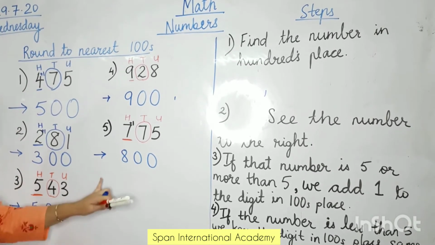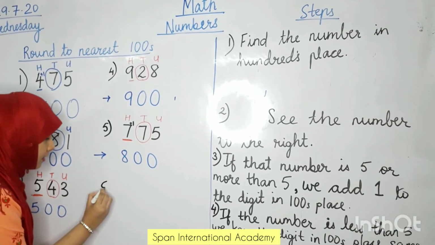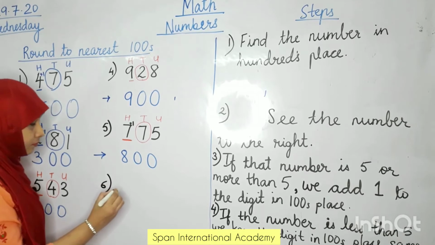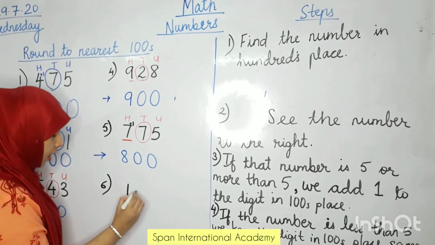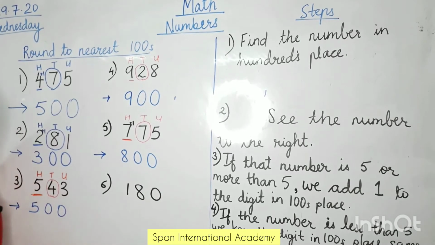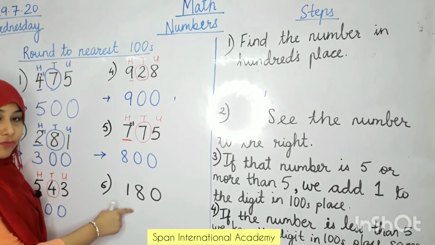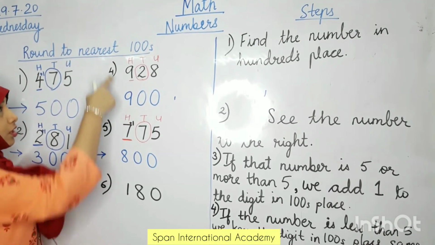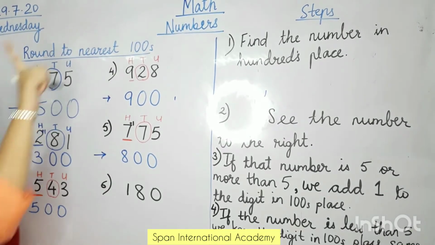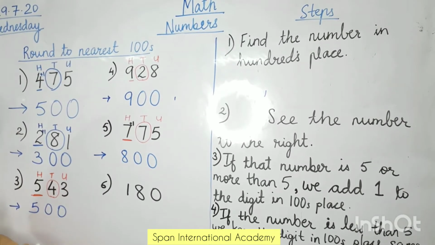Okay students, we'll see one more example. That is example number 6. We'll take the number 180. We have to round 180 to the nearest hundreds. Step number 1: find the number in the hundreds place.